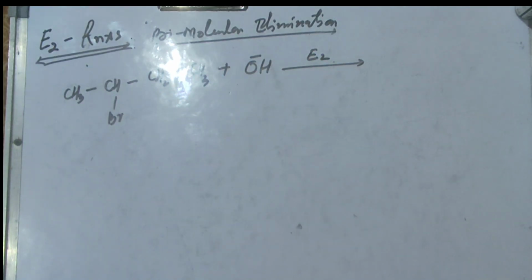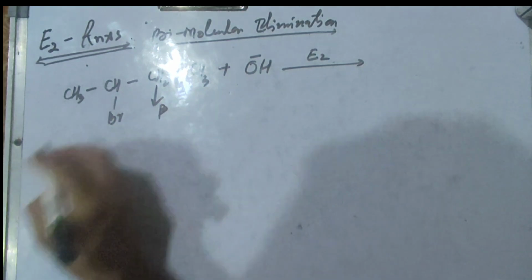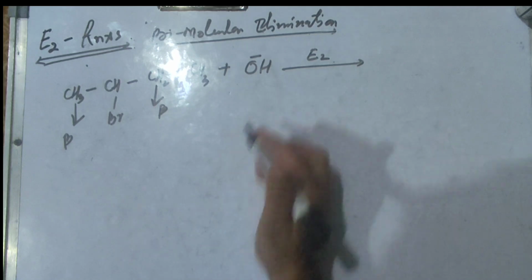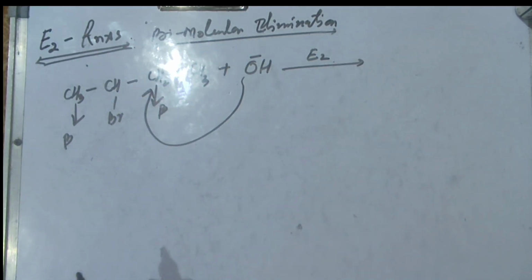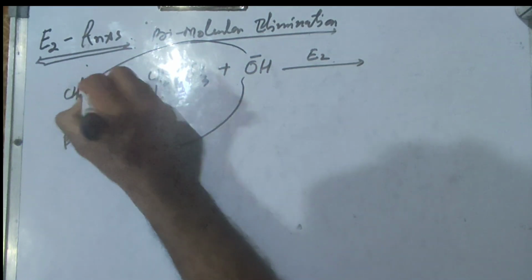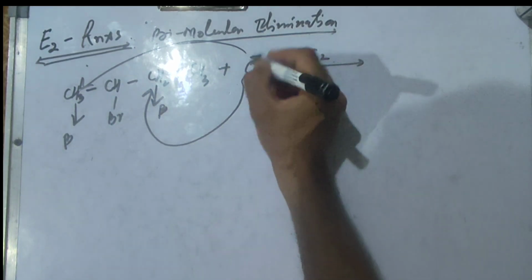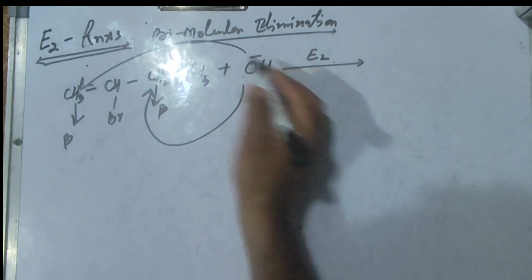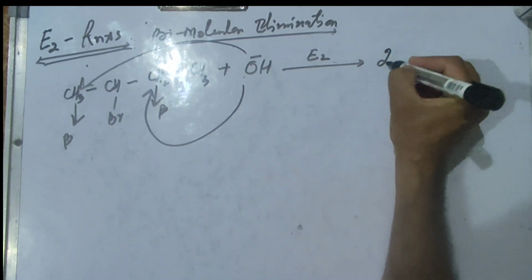Then we have two types of beta hydrogen. These two hydrogens are beta hydrogens, and these three are also beta hydrogens. So OH has two options. Either it will remove a hydrogen from this CH2, or it will remove a hydrogen atom from this CH3. If OH removes this hydrogen, we will get one product, or if it removes this hydrogen, then we will get the next product. So we will get two products.